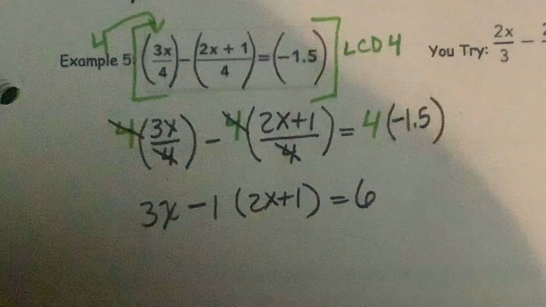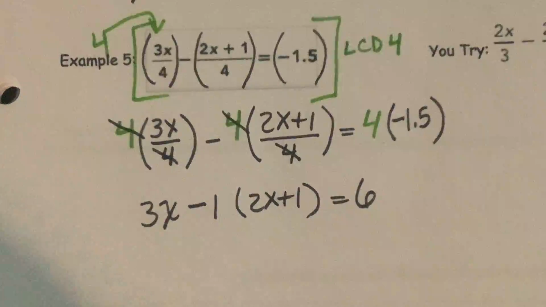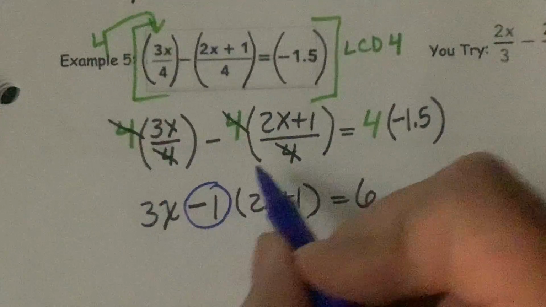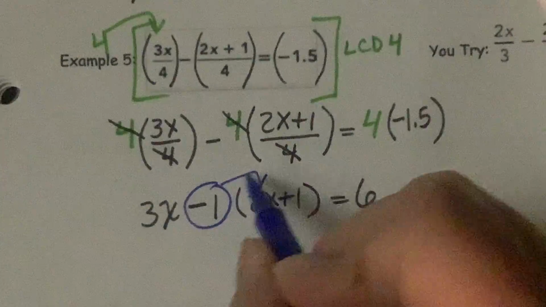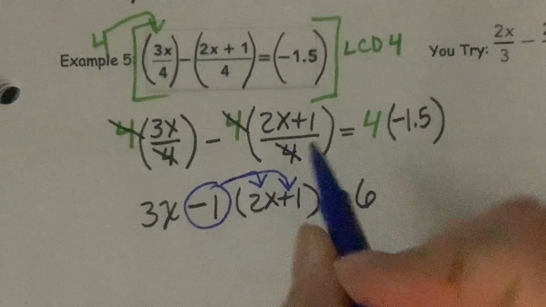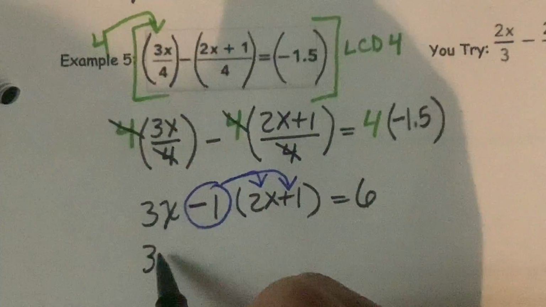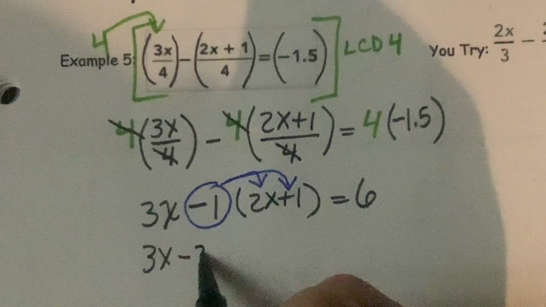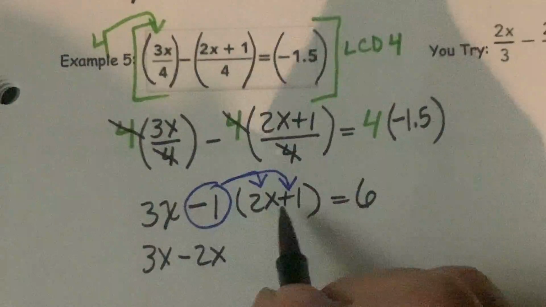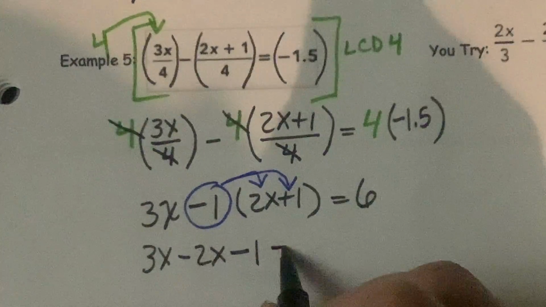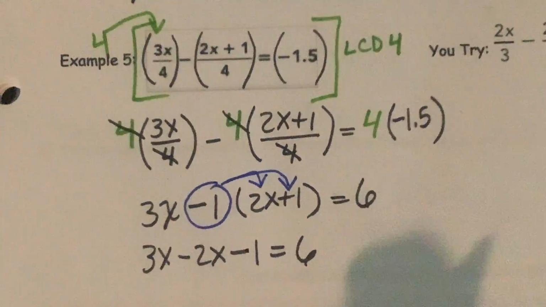So now I just take this little guy, negative 1 times 2x times 1. What did I get? 3x minus 2x, negative times positive, minus 1 equals 6.